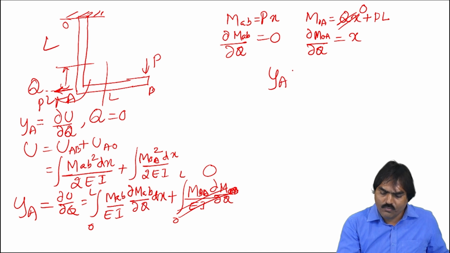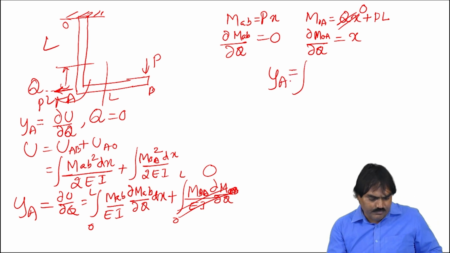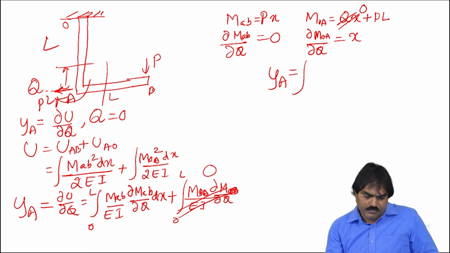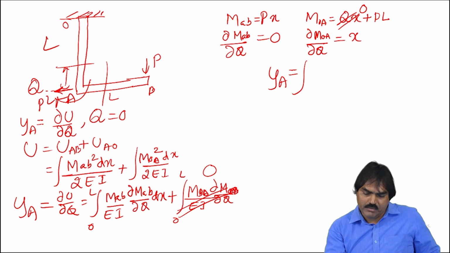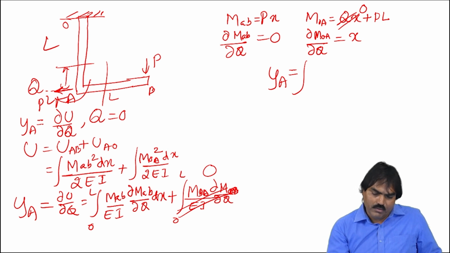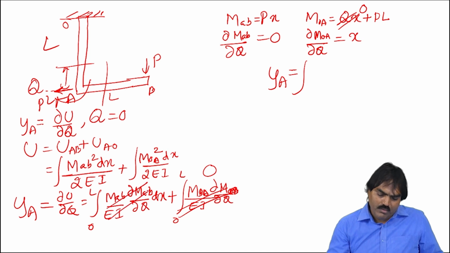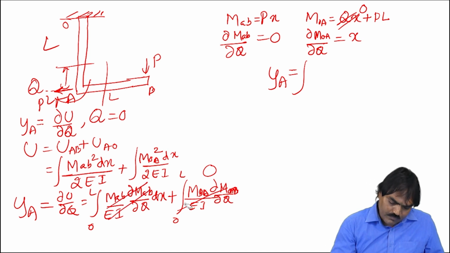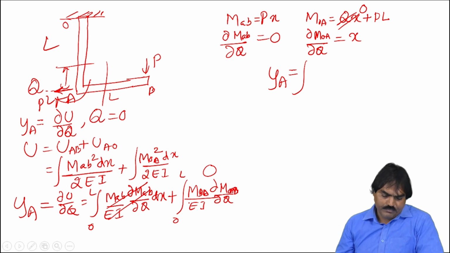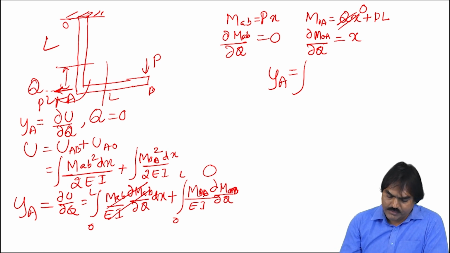Therefore, YA is equal to dou M_AB, because this is dou M_OA, no? Sorry, dou M_AB by dou Q is 0. So this term will be 0, not this term. Okay. So substitute that.